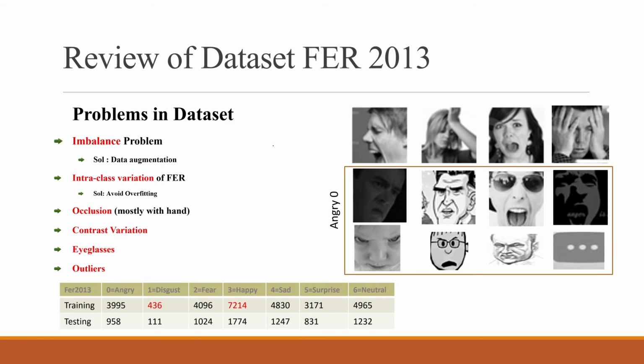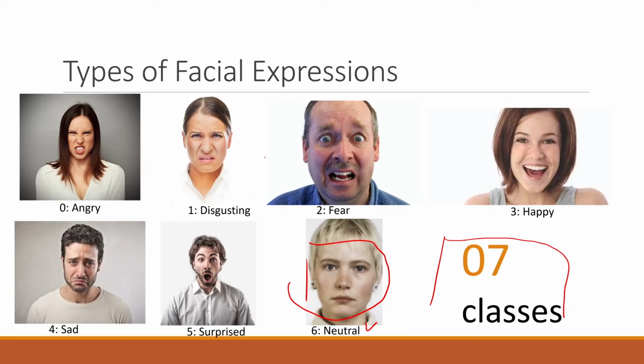Okay, so now coming back to our topic, why did we select FER 2013? Because it is a realistic dataset. By realistic, what do I mean? In this case, these pictures are very clear, the background is white, and the expression is crystal clear, right?